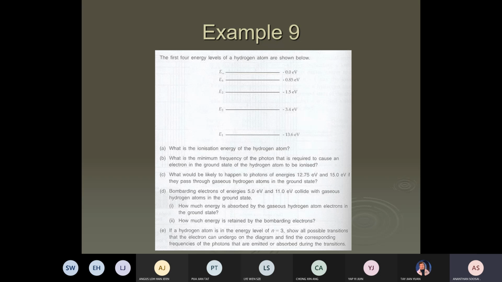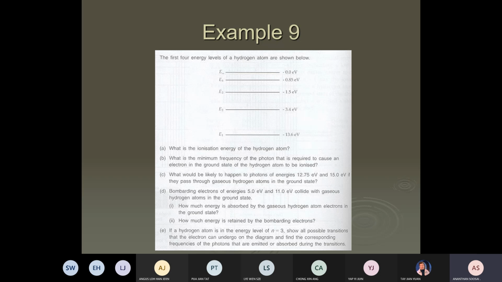Here, it's not like a photon. With a photon, either you take the entire energy or you don't. But in the colliding case, the electron can take the amount of energy required from the colliding electron and jump up. That means you don't need to take all of the 5 eV; you can take a fraction of it. So can 5 eV jump anywhere?